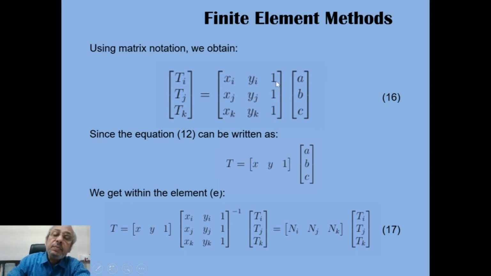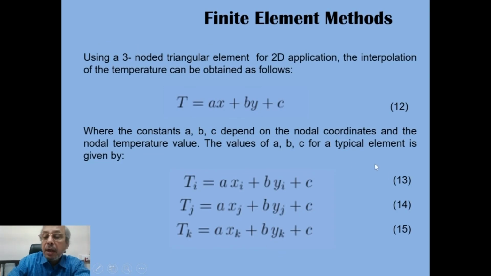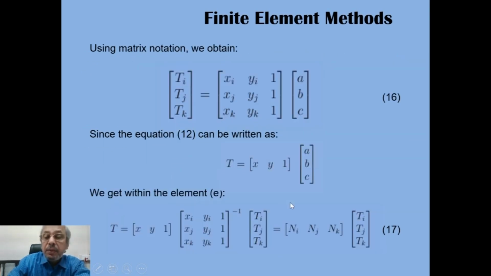This is basically a matrix with 3 rows and 3 columns, a 3 by 3 matrix, into A, B, C. So we get back equations 13, 14, 15 in the summarized form as 16.